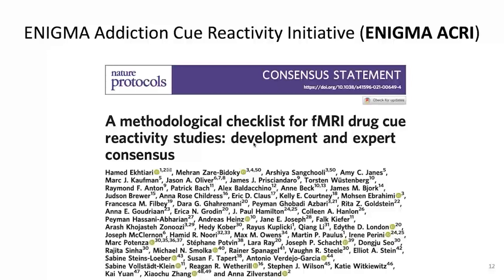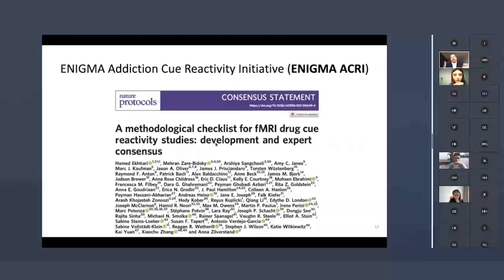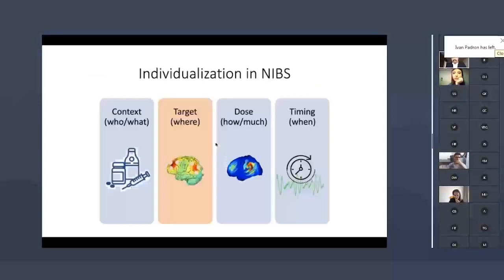Those who are interested can have access to that consortium. We are also inviting others who already have fMRI drug cue reactivity data to join the consortium. I will discuss how these fMRI drug cue reactivity databases could be used for developing new targets for non-invasive brain stimulation in addiction. The next level that we will discuss today in the webinar would be target.